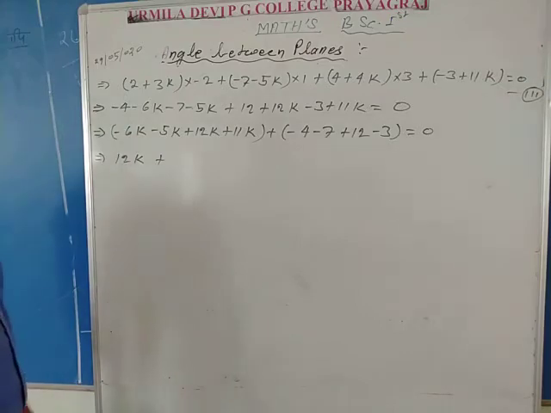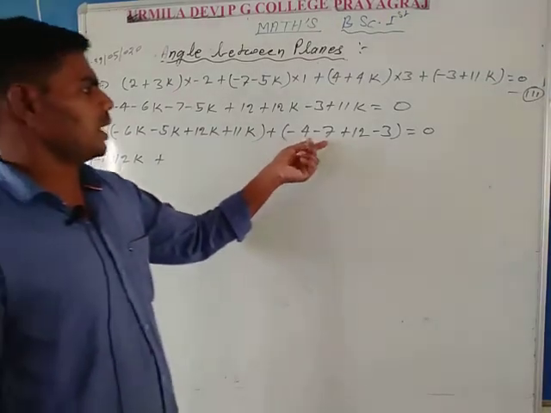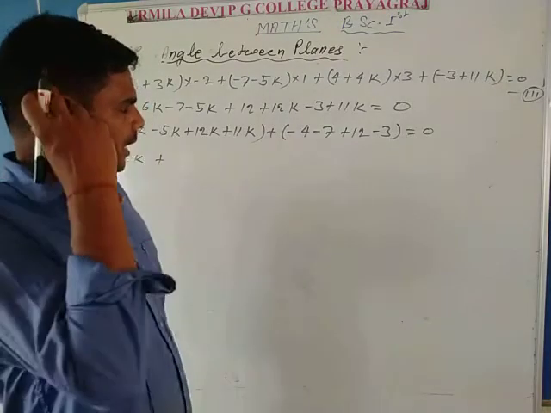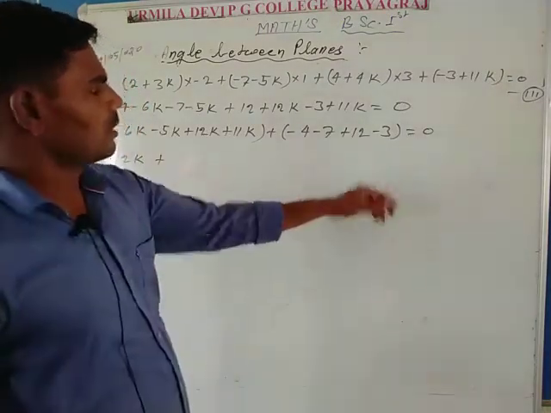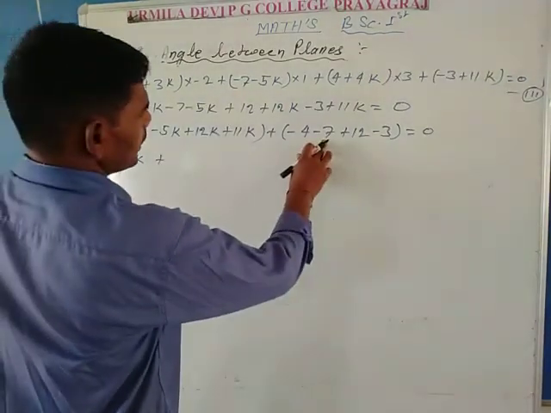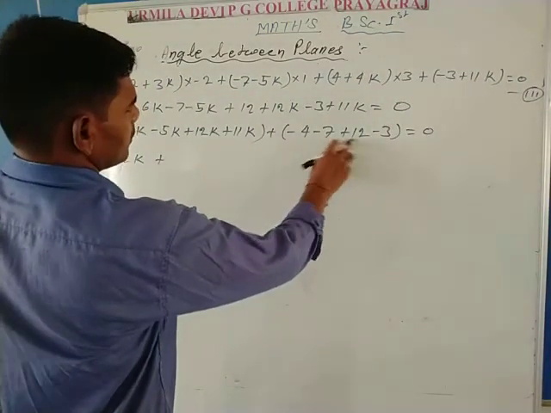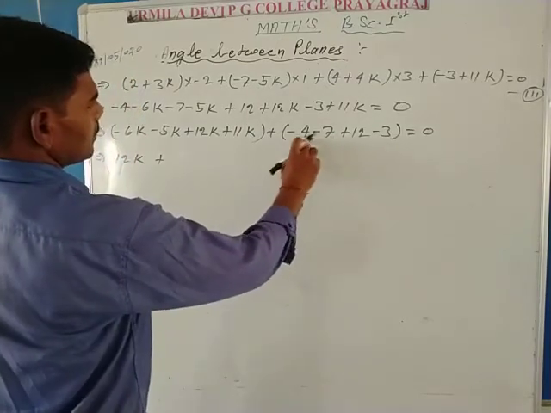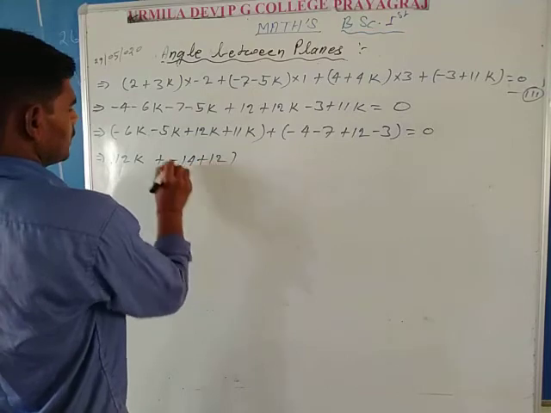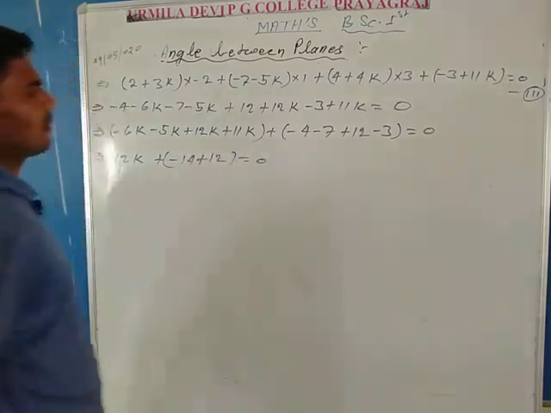In the second bracket, -4 - 7 is equal to -11, and -11 - 3 is -14, plus 12 is equal to -2.